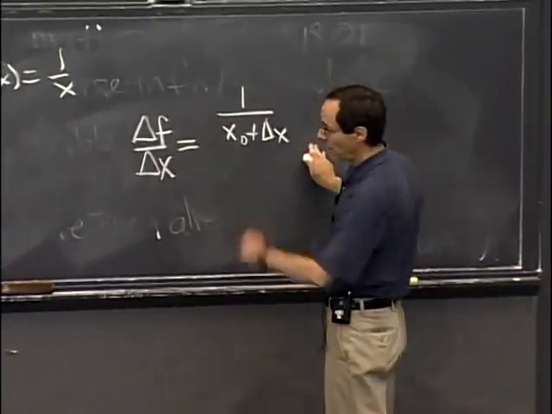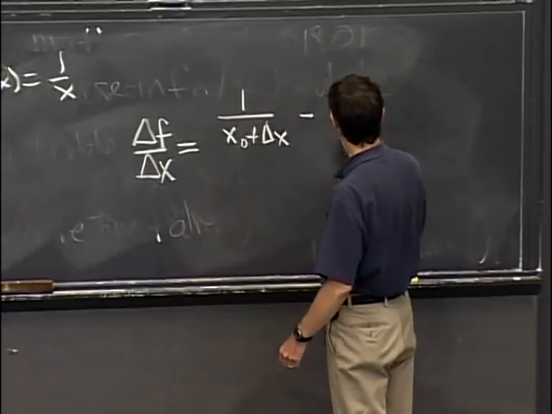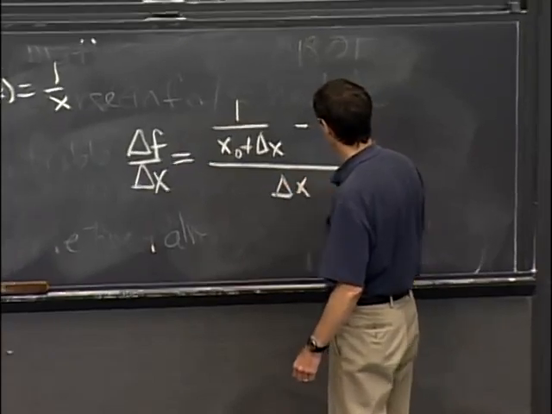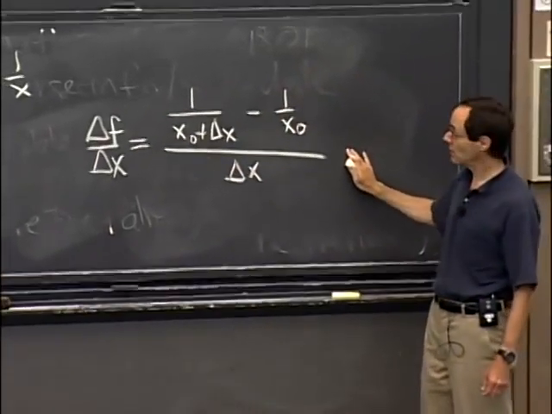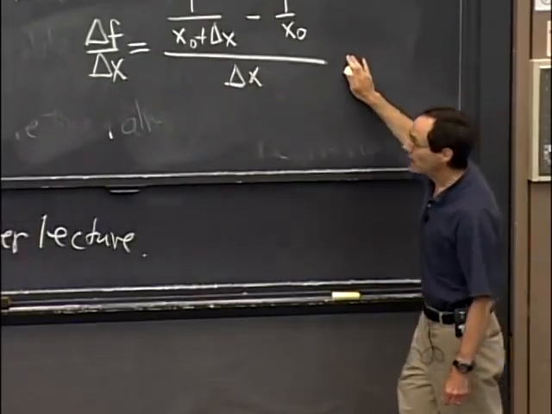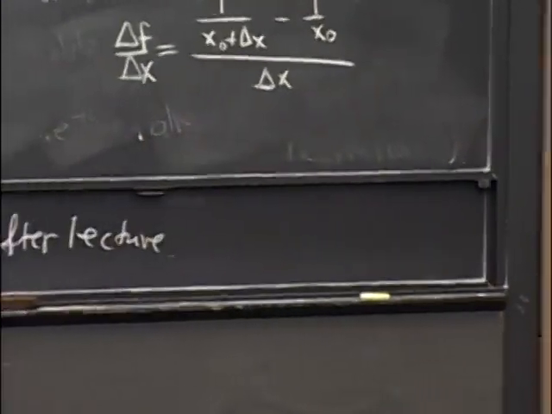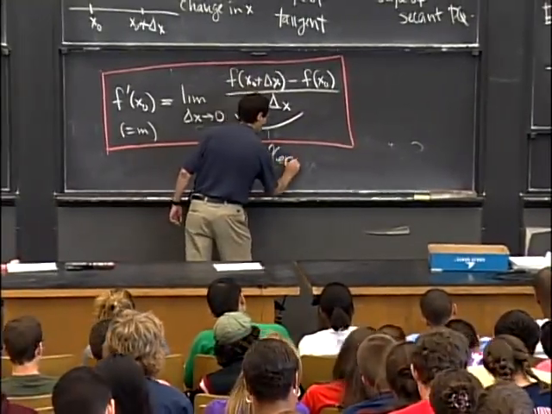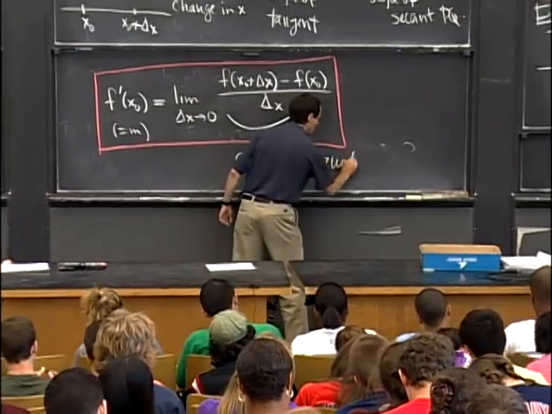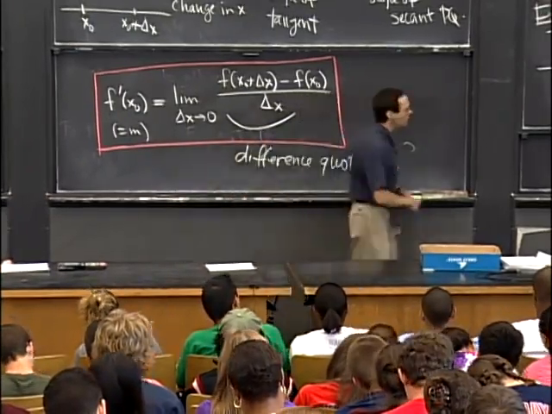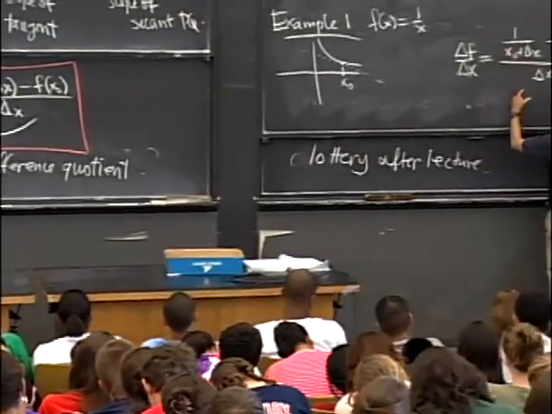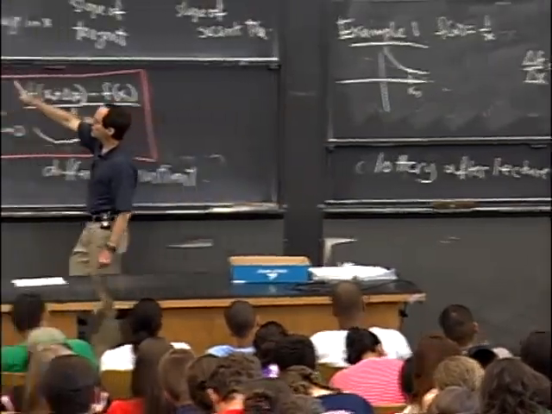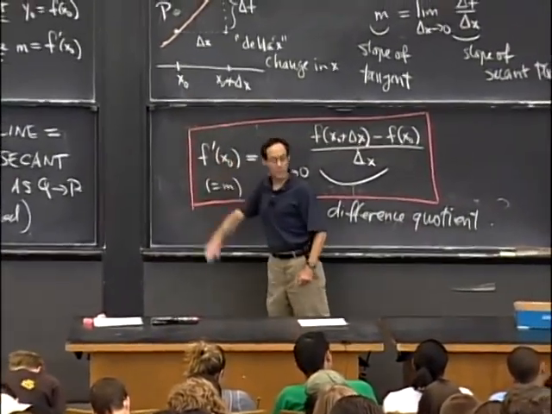That's the left-hand term, minus 1 over x0. That's the right-hand term. And then I have to divide that by delta x. So here's our expression. And by the way, this has a name. This thing is called a difference quotient. It's pretty complicated because there's always a difference in the numerator, and in disguise the denominator is a difference because it's the difference between the value on the right side and the value on the left side here.